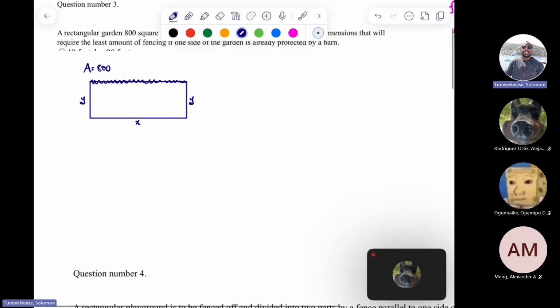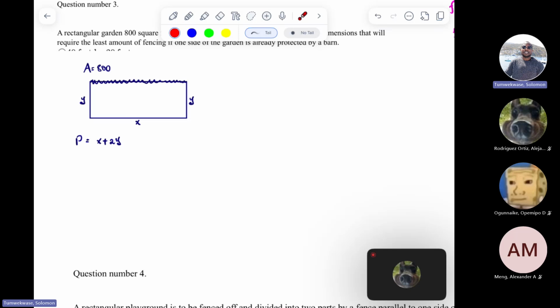So from this figure, my perimeter, which I can call P, is just the sum of all distances around the figure. So this should be x plus 2y, so x plus y plus y. If it was a full rectangle, then it would be this plus this plus this, plus whatever is there.